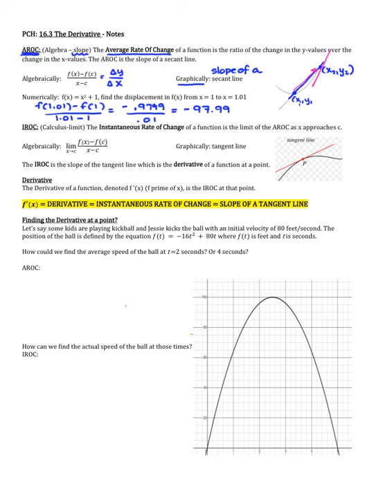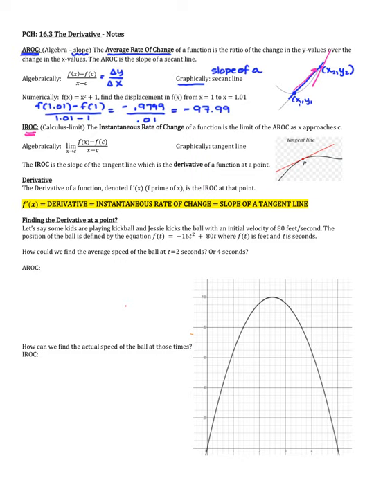And since you can't divide by 0, we can't actually let x1 equal x2, but we could have x1 approach x2. And thus, we then have what I call the IROC, which is the instantaneous rate of change.